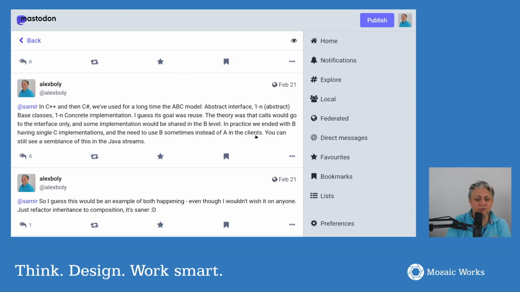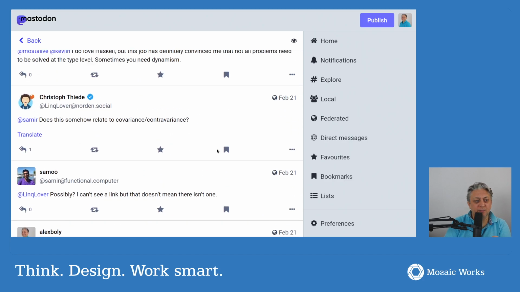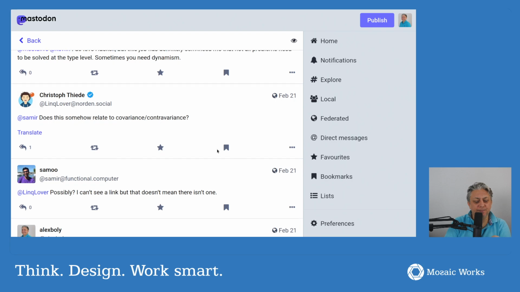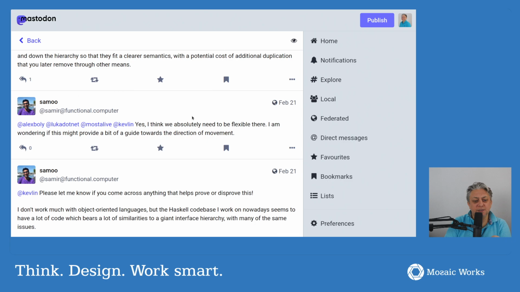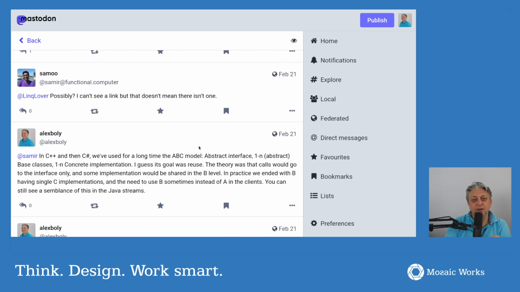Now, an interesting observation, and I think we talked about this, about the Liskov substitution principle. Many people believe that it applies to inheritance only. But what the Liskov substitution principle says is that you should be able to replace a subtype with a parent type, or the other way around, without surprises.